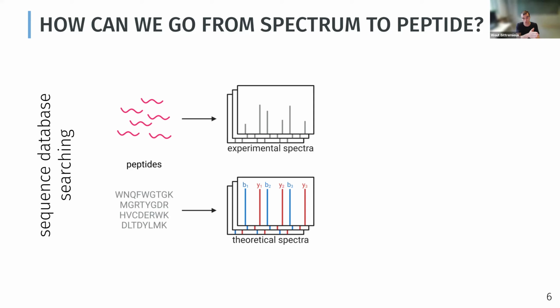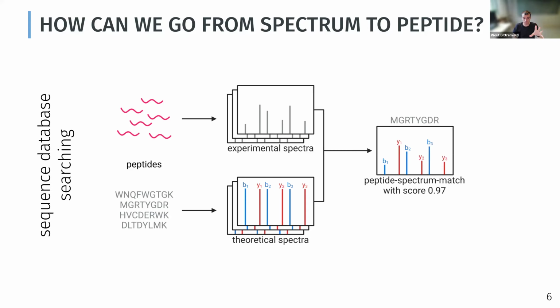We convert those protein sequences into peptides as well, and for each peptide, we simulate theoretical spectra because we know at which locations the B and Y ions should occur. Then we match our experimental spectra to the theoretical spectra, and based on which match well, we assign the corresponding peptide sequence to our experimental spectrum with a certain score.